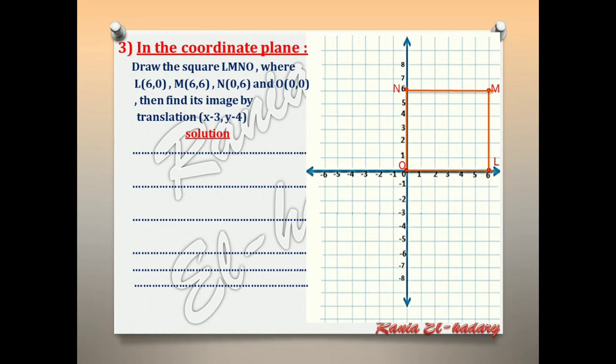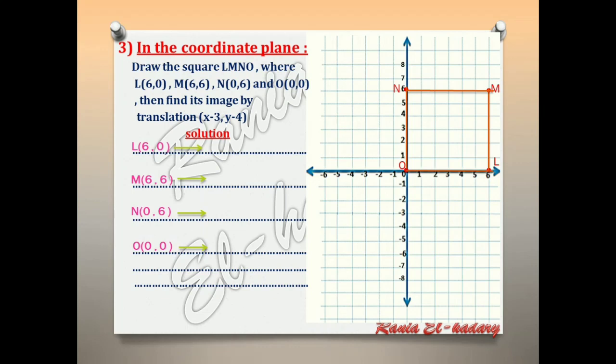To find its image, write the original points first: L, M, N, and O. Draw an arrow to find its translation and its image.